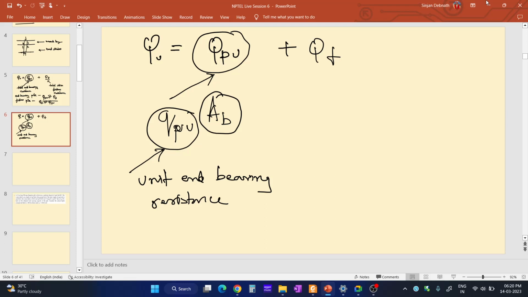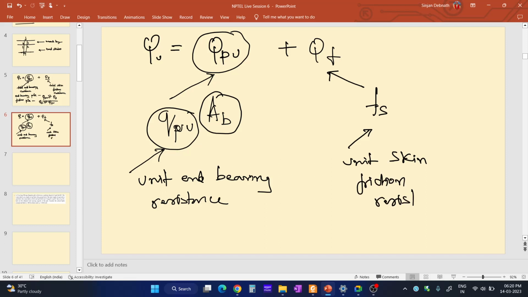And in case of QF also, that is the total skin friction resistance, it can also be written as unit skin friction resistance, small fs, multiplied by the surface area of the pile.